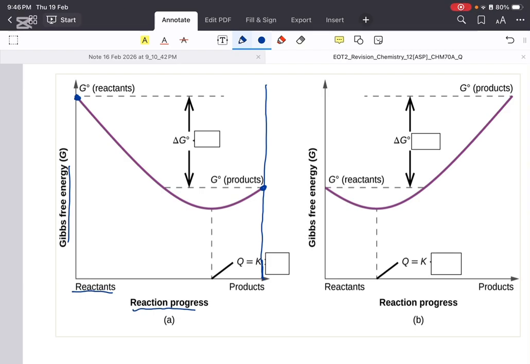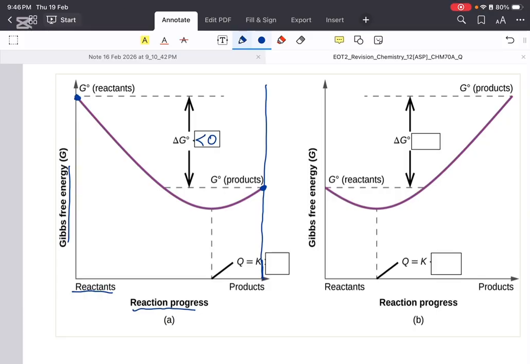If we calculate delta G, it is G product minus G reactant. It's always final minus initial. And in this case, because the product's Gibbs free energy is lower than the reactants, the value of delta G is always going to be a negative value. In this case, we say that this reaction is spontaneous.